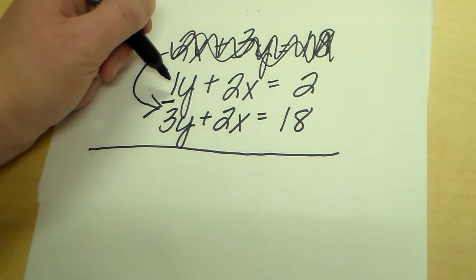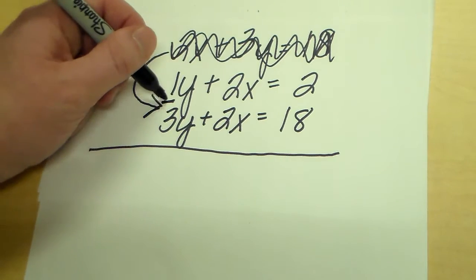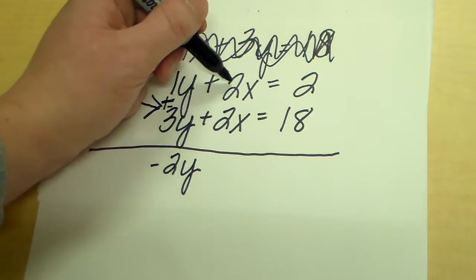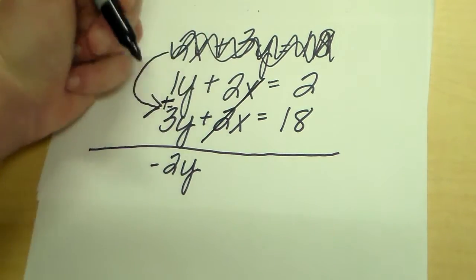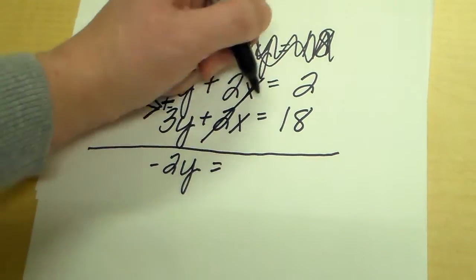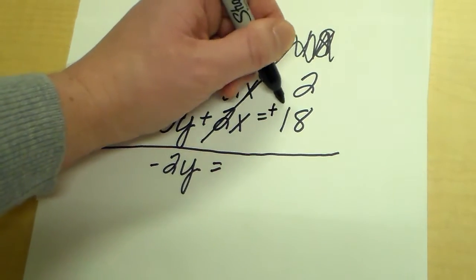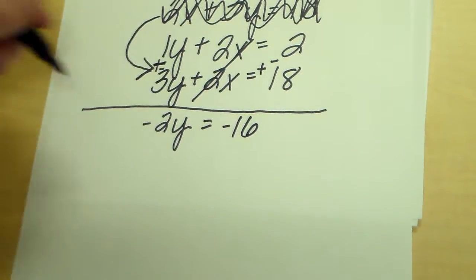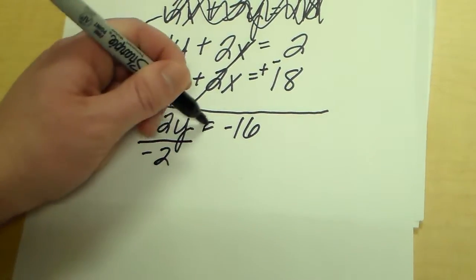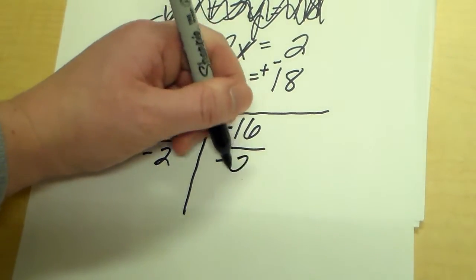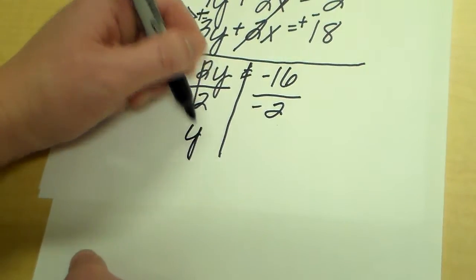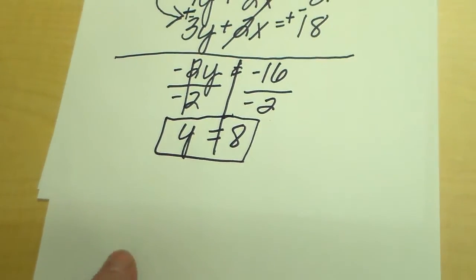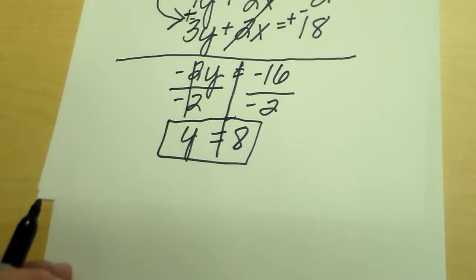I have 1y minus 3y, or plus a negative 3y, is negative 2y. 2x minus 2x is nothing, and that equals 2 minus 18, which is the same as plus a negative 18, gives me negative 16. Divide by negative 2, and I'm left with y equals 8. Okay? I have to plug that back in to solve for x.